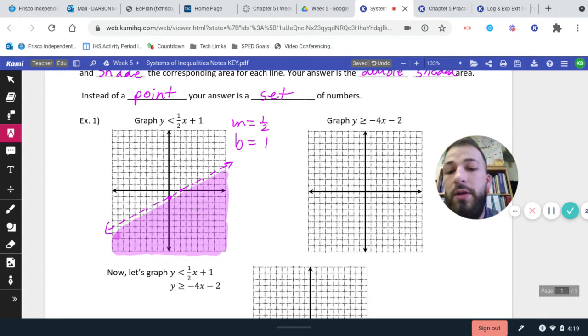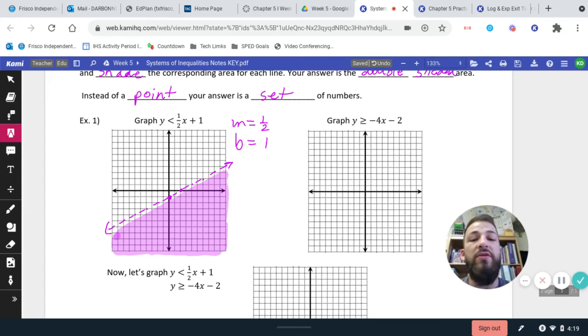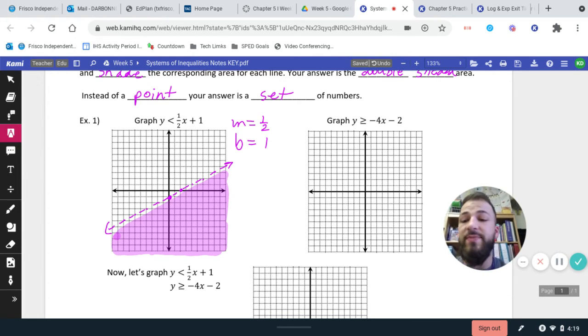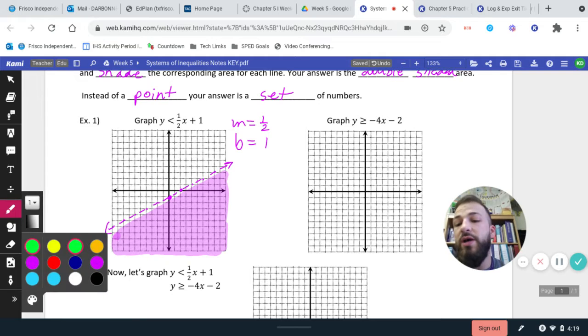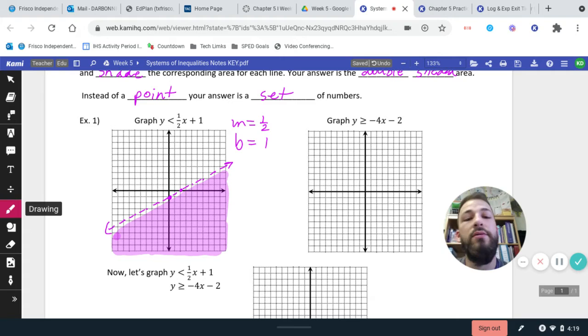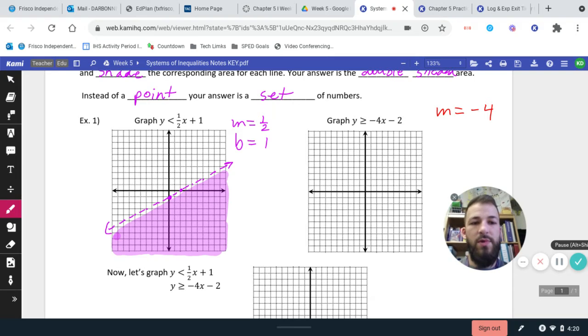And there we go. So that's the first one. Second one, we have y is greater than or equal to -4x minus 2. So I'm going to do this one in red. So slope is -4 over 1, and our y-intercept is -2.